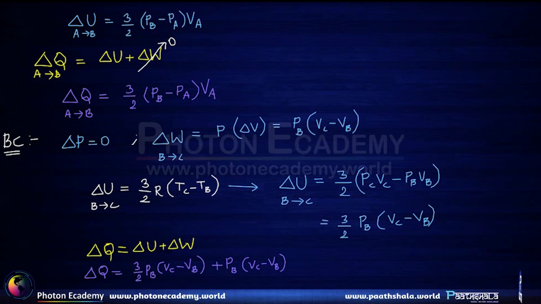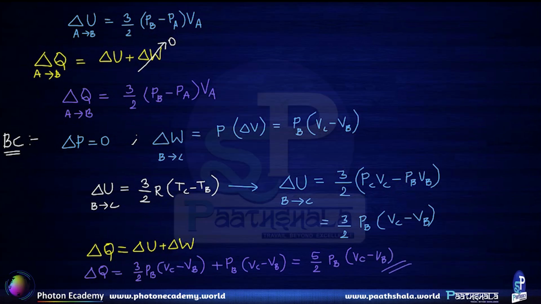This sum comes out to be 5/2 PB (VC minus VB). So this is the amount of heat which is given to the system in going from B to C.